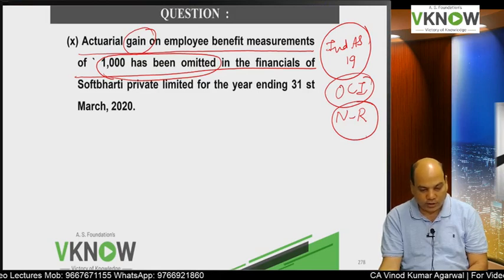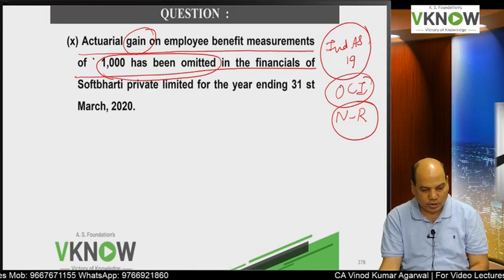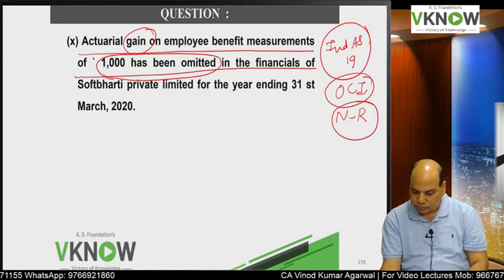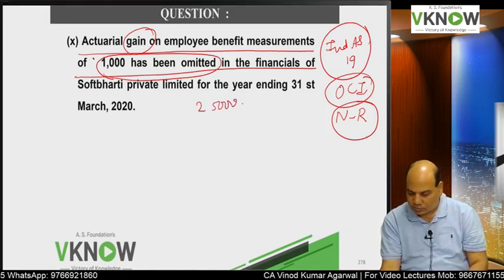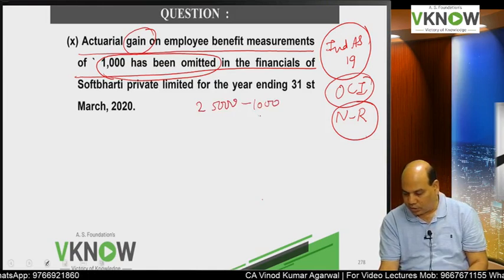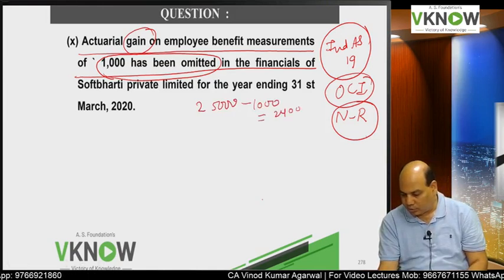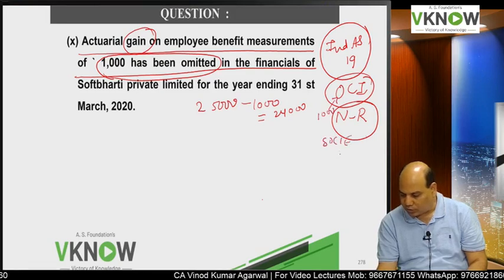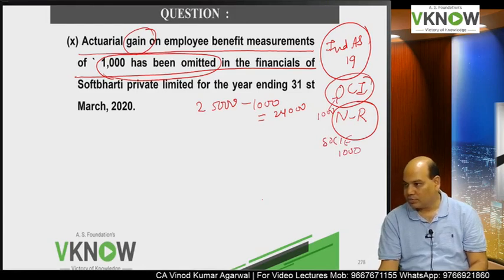So 25,000 will become 24,000 now. In OCI we will show 1,000. In SOCIE that 1,000 will be transferred.